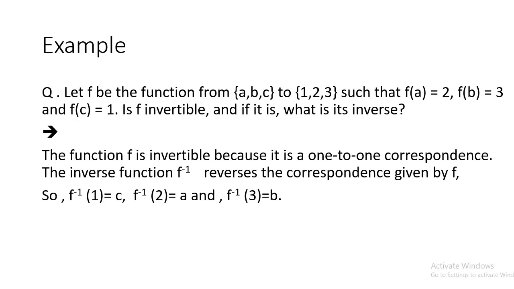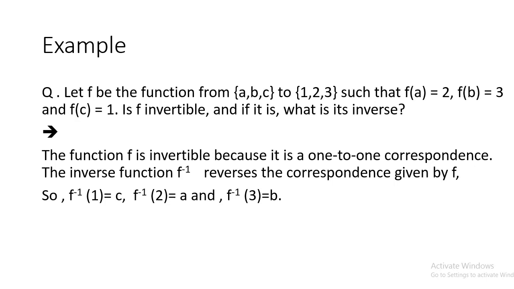The function f is invertible. Why is this function called invertible? Because it is a one-to-one correspondence. So here this function satisfies both the conditions. Which are those conditions? The first condition is one-to-one and the next condition is onto. So in this mapping, both conditions are satisfied. That's why the function f is called an invertible function.